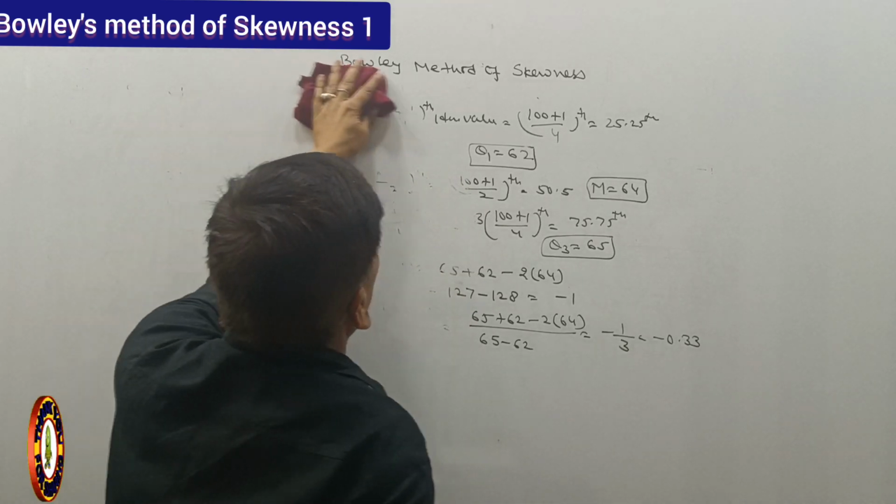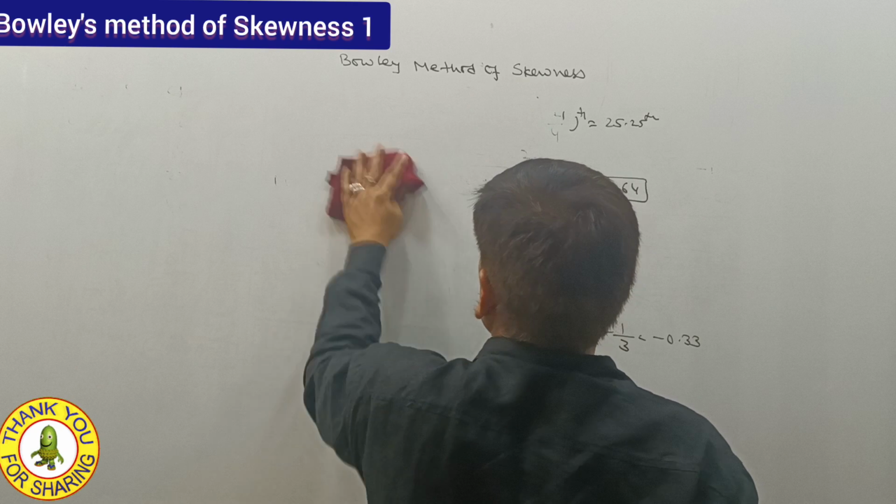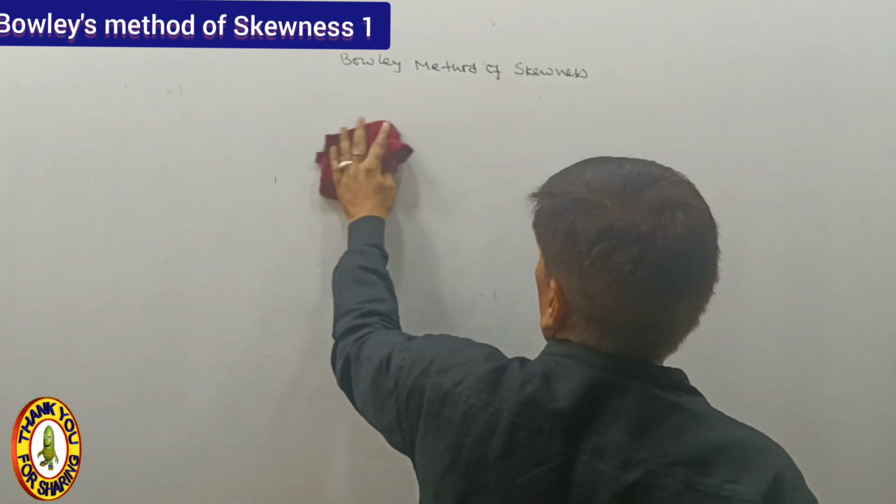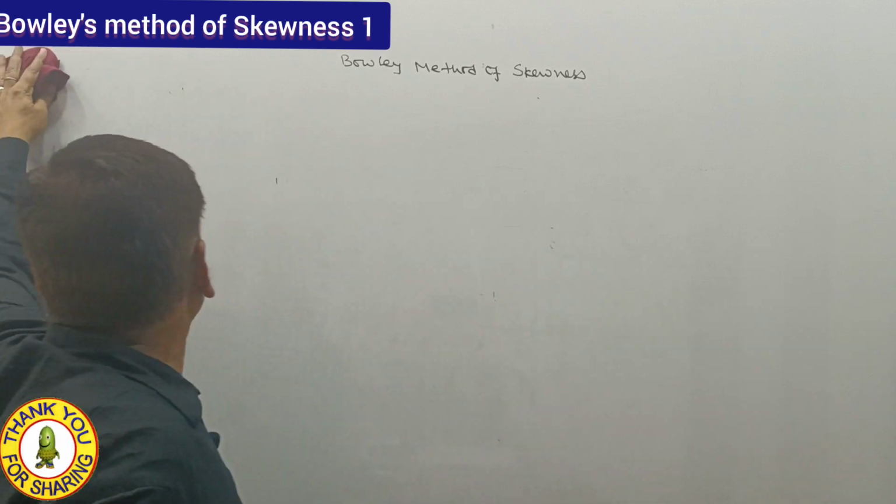Okay, we have another one for questions related to the discrete series also. We may have questions with the individual series also, so that will make you perfect. So I have the data.